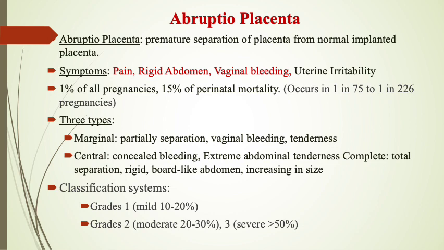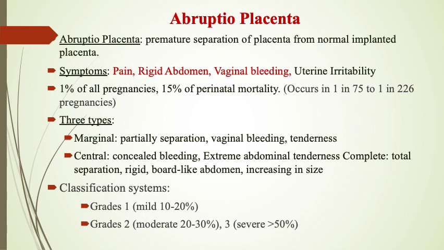The abdomen is very rigid, what we call a board-like abdomen. When you hear board-like abdomen, think about a table, and how hard it is if you knock on it. That board-like abdomen is a hallmark sign of placental abruption. And of course, you have increasing size of the fundal height. This condition usually happens in the 3rd trimester.